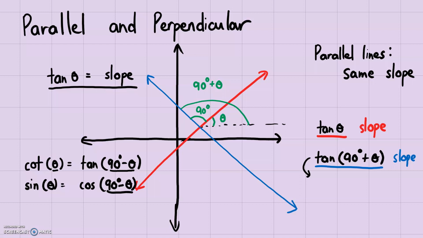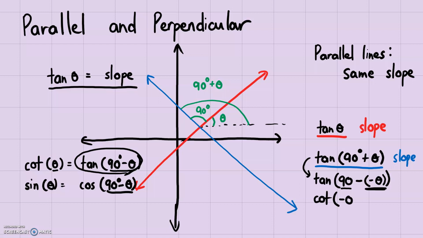Okay, so using that rule, I can rewrite this tangent of 90 plus theta as 90 minus negative theta. So because I have 90 minus some angle here, using this property, that's the same thing as cotangent of this angle, which is negative theta. And cotangent is an odd function, so the negative comes outside: negative cotangent of theta.